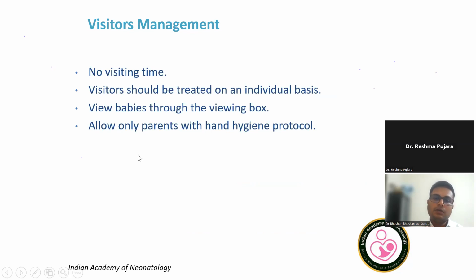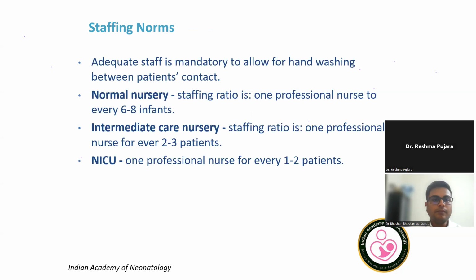And visitors should be treated on an individual basis. If babies are to be shown to the family, we can use a viewing box from where the families can see the baby. Only parents can be allowed, and after doing the hand hygiene protocol, parents can come in.